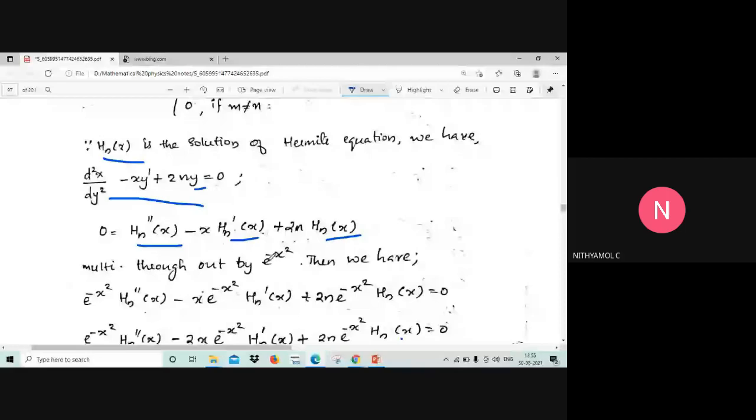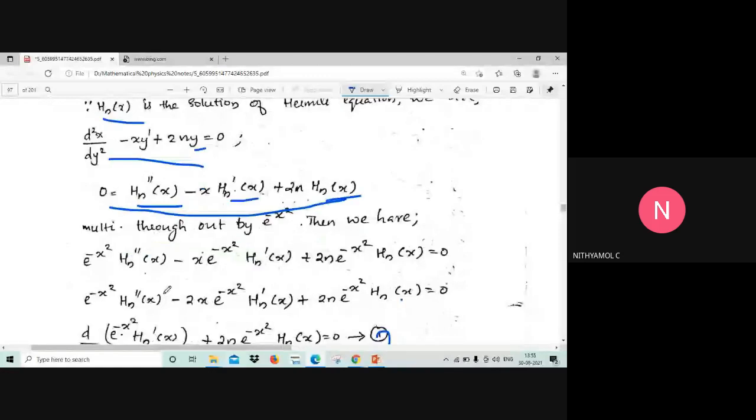Multiply this equation by e raised to minus x square. So e raised to minus x square hn double prime x minus 2x e raised to minus x square hn prime x plus 2n e raised to minus x square hn of x equal to 0.